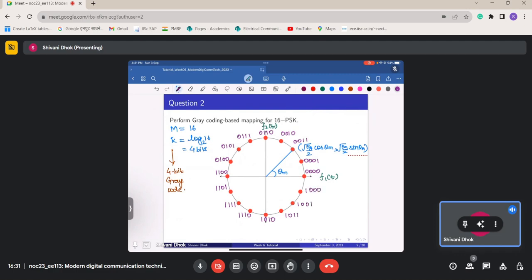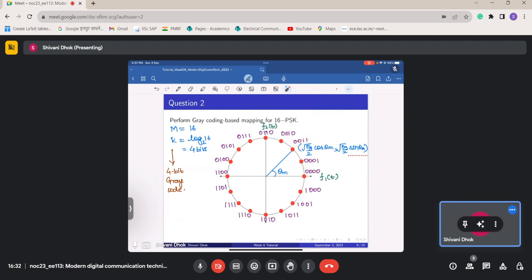One more thing to note here is there is no strict rule of how we are going to do it, but the only thing that we need to take care is the consecutive bits or the consecutive symbols should vary only by one bit. For example, these two are varying only by one bit. Again, these two are varying only by one bit, that is this location.